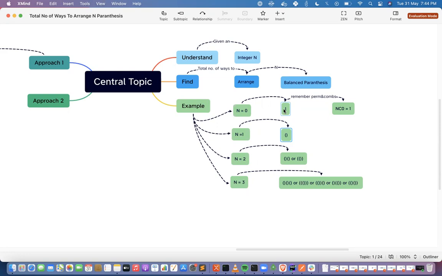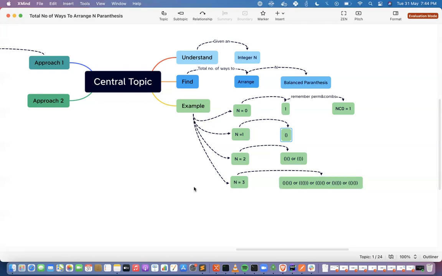For n equals 2, the Catalan number is 2. And for n equals 3, the Catalan number returns 5. And you can also see that here it shows us 5 balanced parentheses. For example, these are the 5 parentheses you can think of.